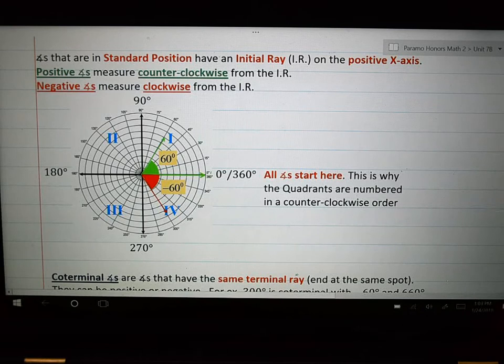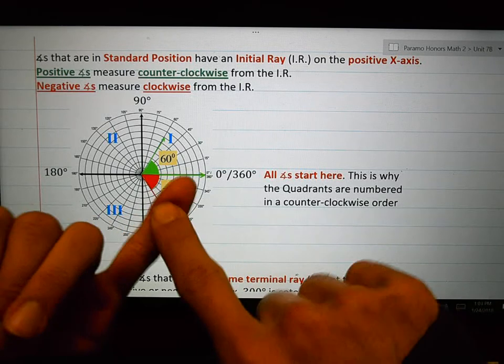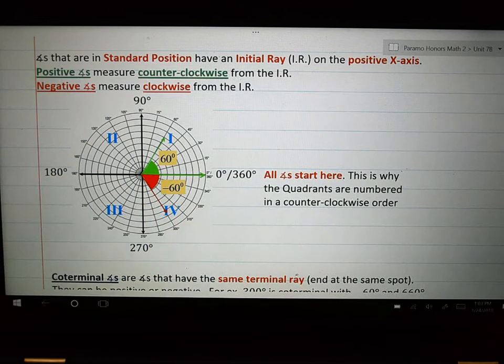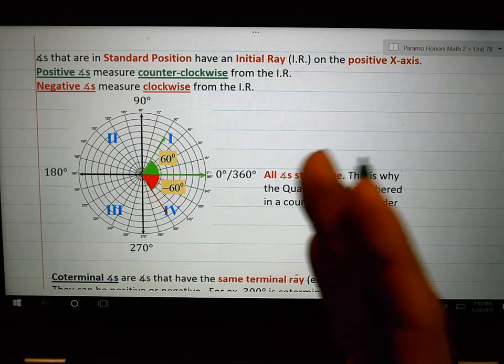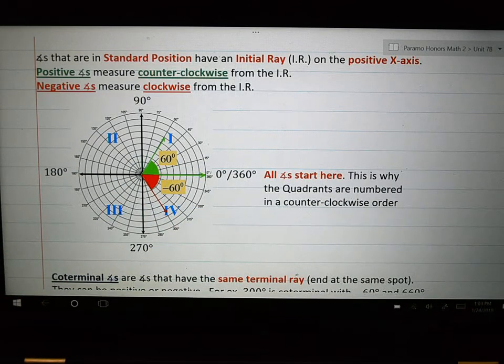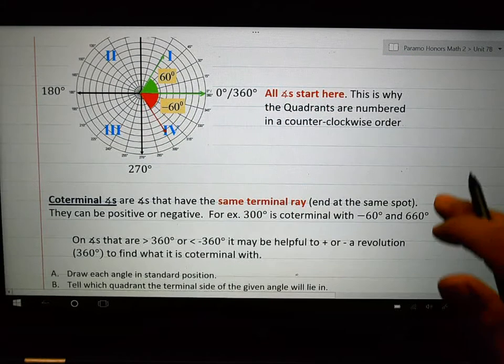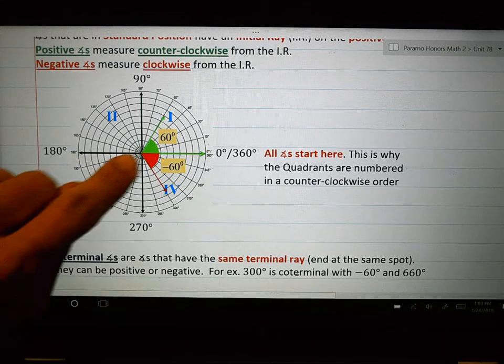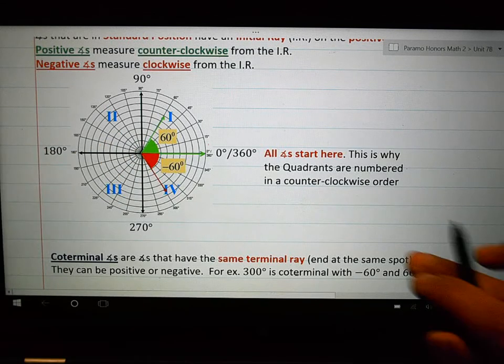That's what we're going to do today. We're going to draw angles in standard position, and what we're going to also do is name the quadrants that the angle is going to lie in. So, that's kind of our first big step, is knowing this, committing it to memory.